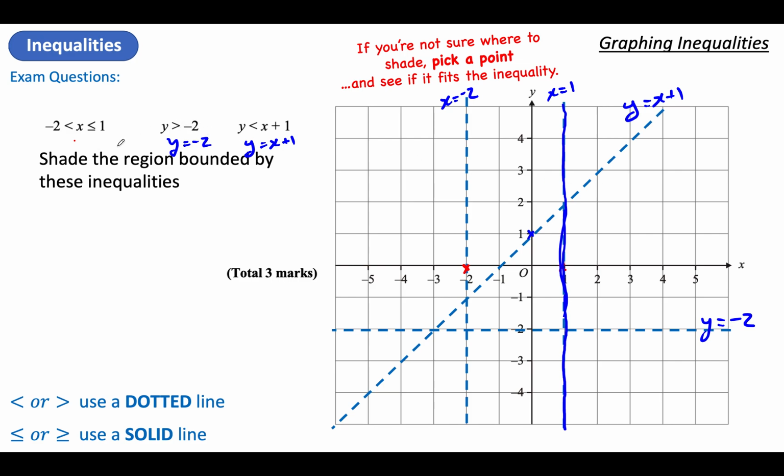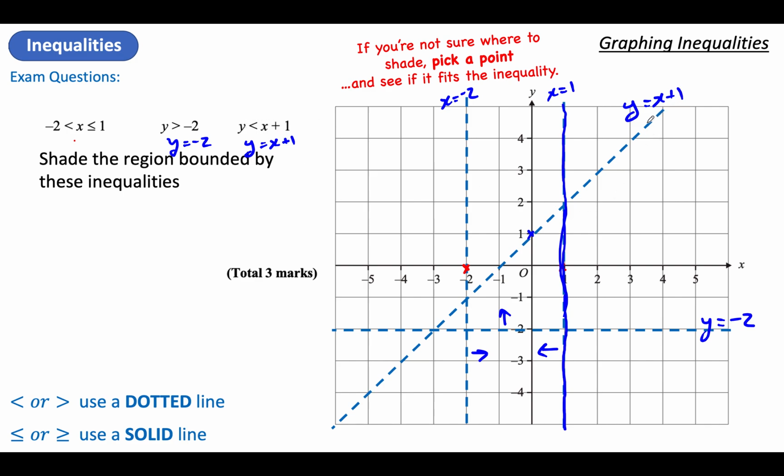Now, it's in between my 2 x lines. So it's to the right of that line, but to the left of that vertical line. So it's in this vertical corridor in the middle here. y is bigger than -2, so it's above that line. So in that corridor, but above that line. And then y is less than x plus 1.